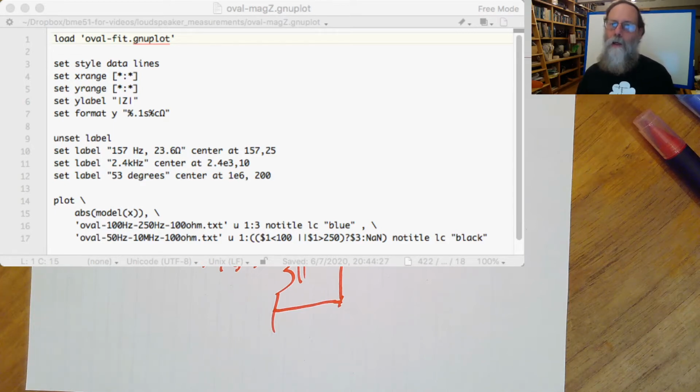And the last one here is plotting the rest of the data from 50 hertz to 10 megahertz, but I'm using this sort of weird conditional expression here to say if it's less than 100 hertz or greater than 250 hertz, so if the first column is outside that range, we'll take the data from column 3. Otherwise, we'll have NaN, which stands for not a number, and that will blank out that part of the plot.